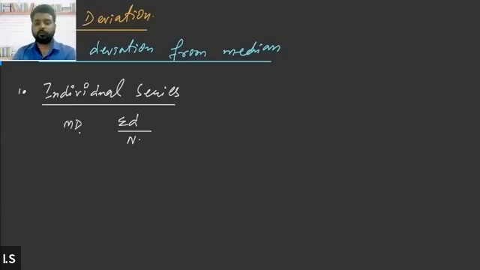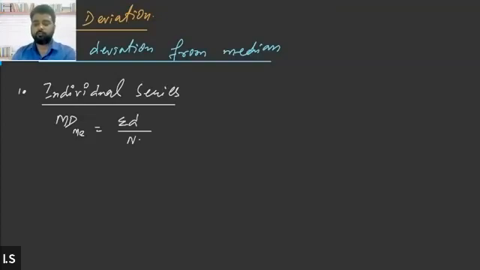Mean deviation from median equals sigma d upon n, in case of individual series.